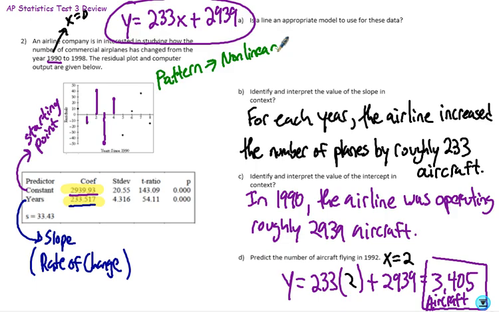Could be exponential, could be any variety of different curves or functions, but we know that if you see a distinct pattern, it's going to be nonlinear. Now, if it seems that it's randomly dispersed, then we could say that it is linear, right? So these dots, if you notice, they are randomly dispersed, right? Because there's some above the line, some below the line, some are close, some are further. So there's no real distinguishable pattern.